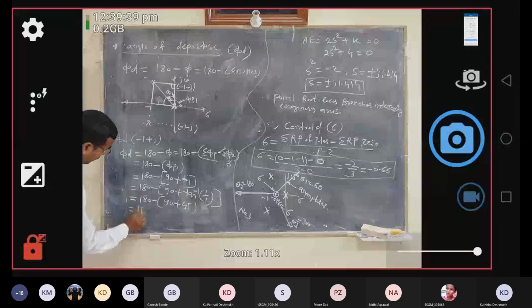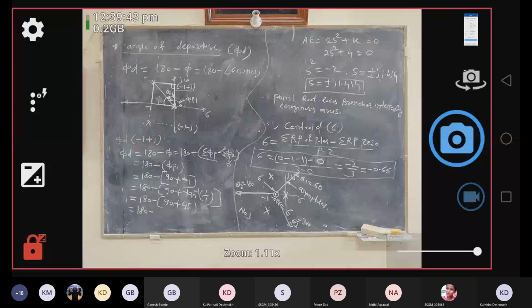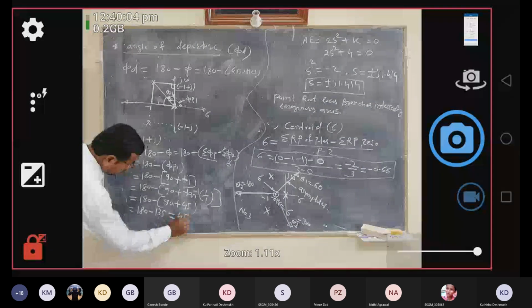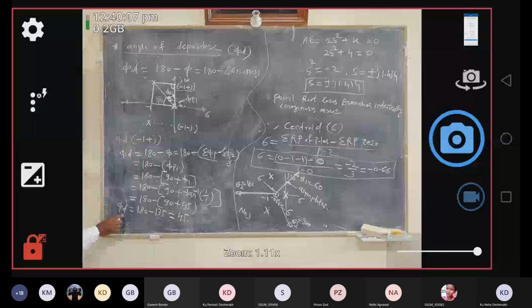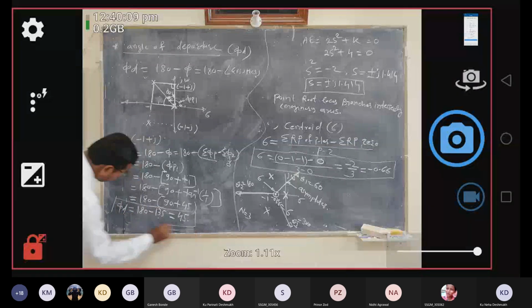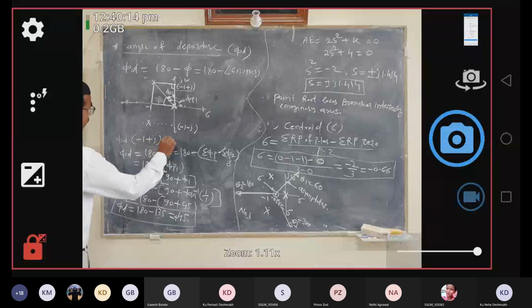So 180 minus (90 plus 45), it could be 135. So 180 minus 135, how much? It could be 45. So your value of phi d is plus 45 here for -1 plus j.